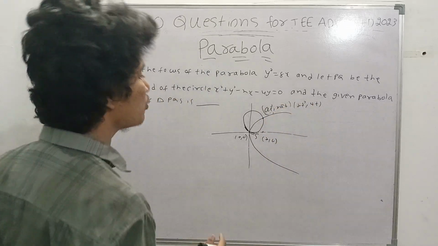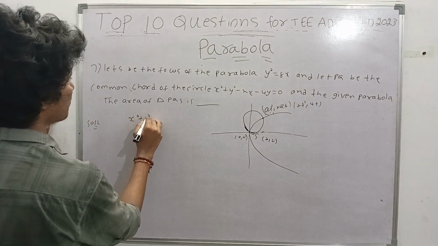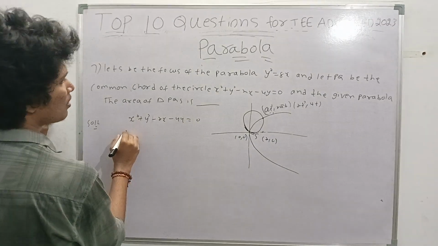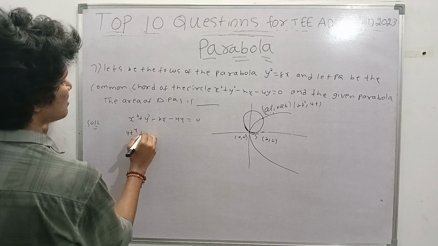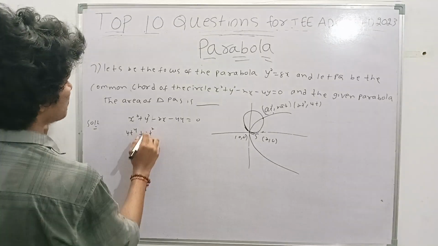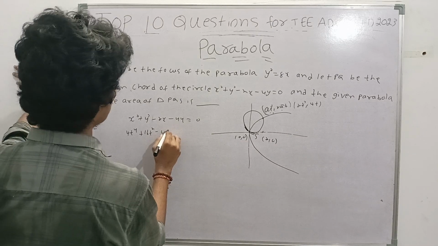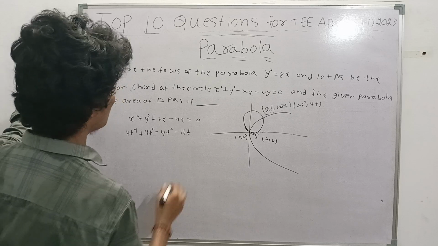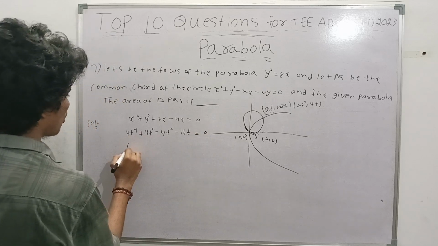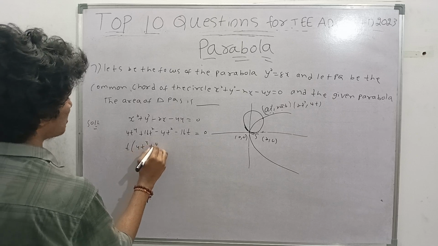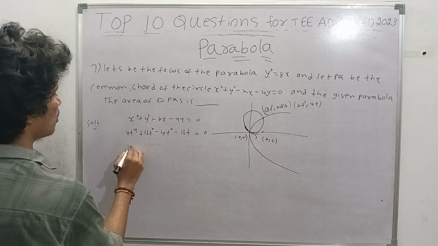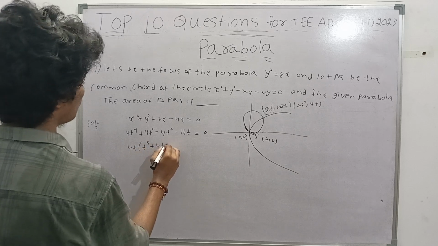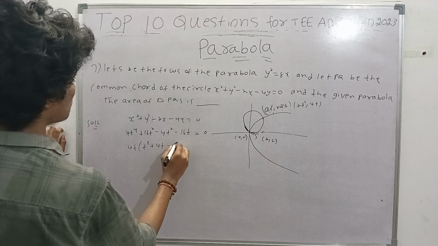You can substitute this parametric point in the circle equation x square plus y square minus 2x minus 4y equal to 0. If you substitute, it will be 4t power 4 plus 16t square minus 4t square minus 16t equal to 0.